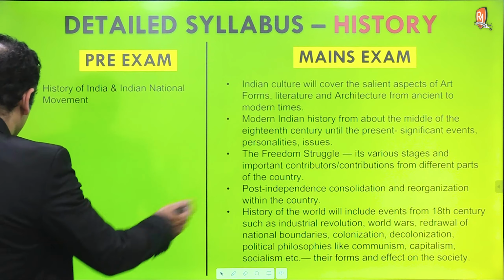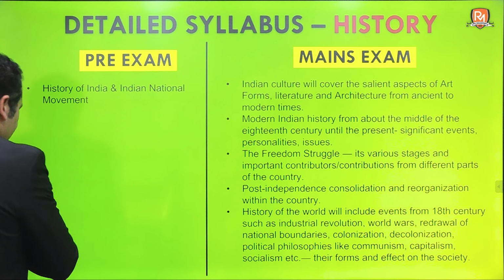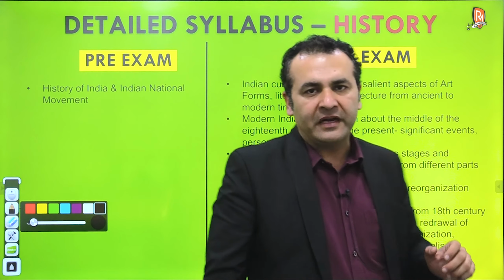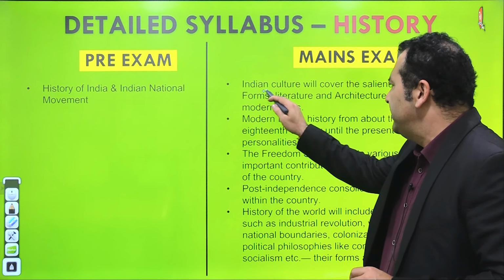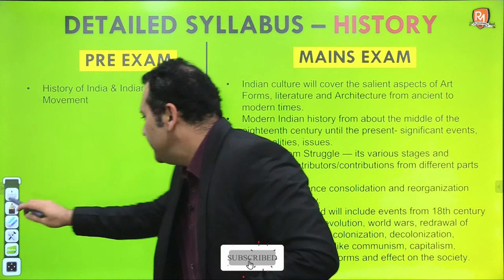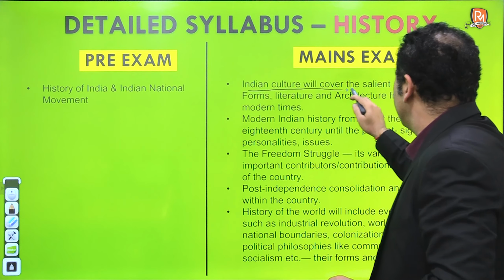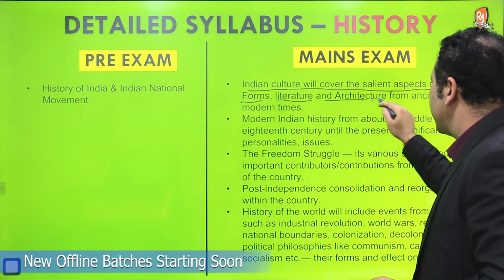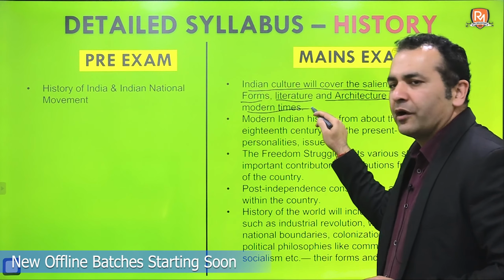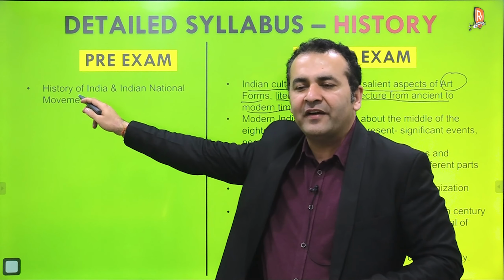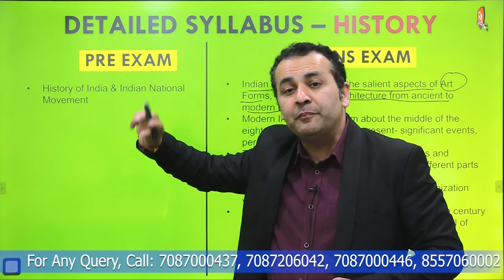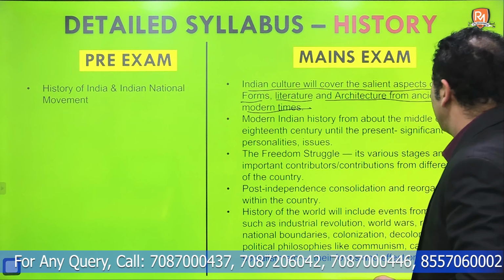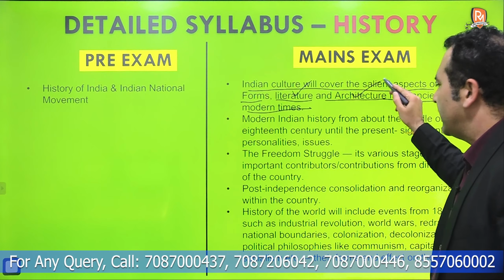Now if I come to the side of the main syllabus, look at this, what they have written: Indian culture will cover the salient aspects of art forms, literature, architecture from ancient to modern times. They haven't specified it here, but don't you think even in pre they ask questions on art, literature, architecture?